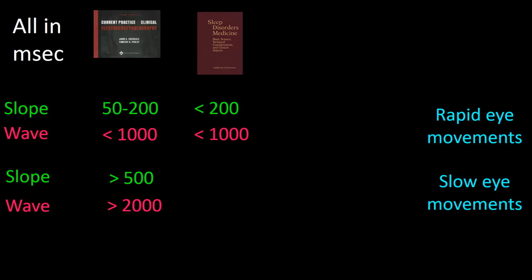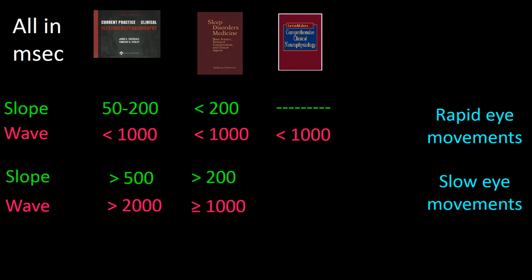A textbook on sleep disorders classifies rapid eye movements as those with a slope of less than 200 milliseconds and a wave duration of less than 1 second. And therefore, by default, slow eye movements are those with a slope of more than 200 milliseconds and a wave duration of more than 1 second.